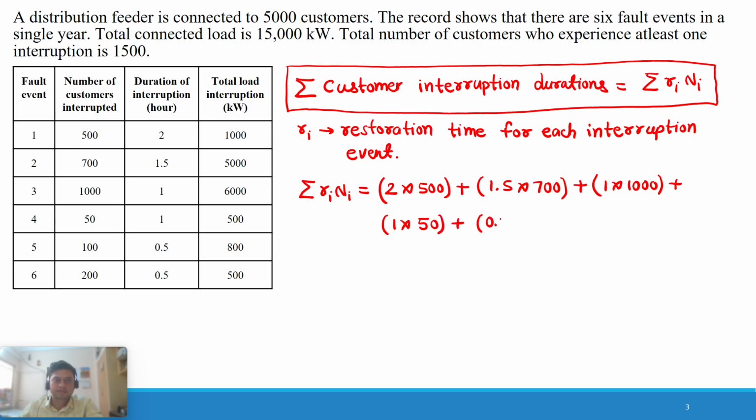And for the fifth event 0.5 into 100, and for the sixth fault event, sir, 0.5 into 200.